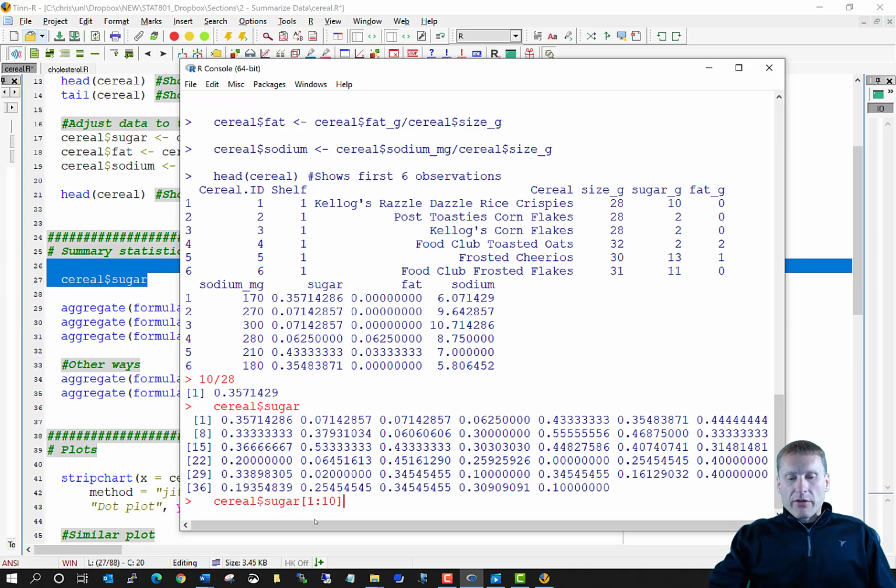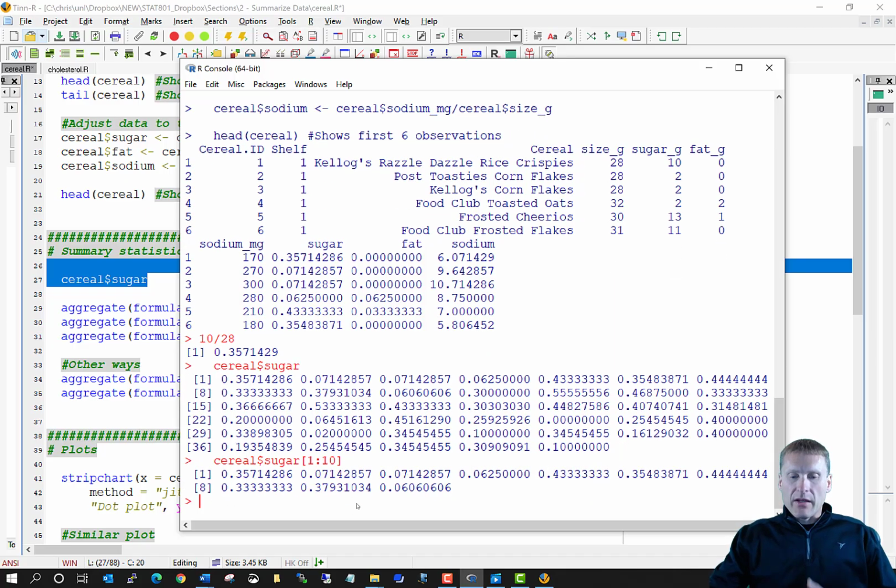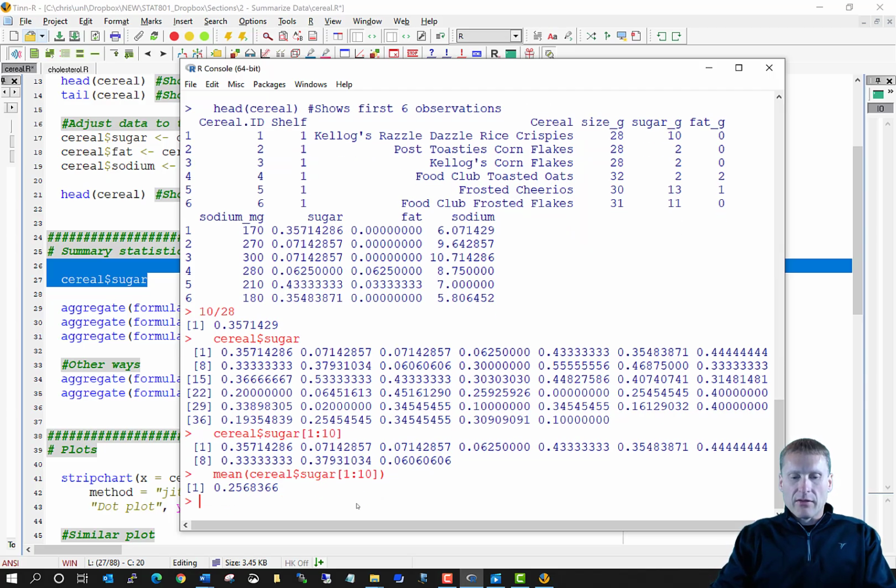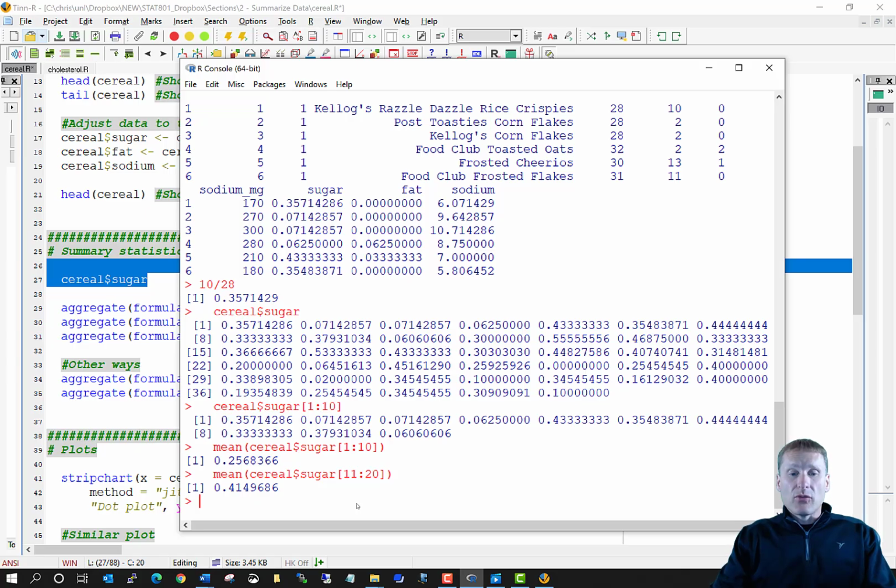Again, as a reminder, the colon in R represents the word 'to', so 1 to 10 will give me the first 10 values. Then I can use the mean function with that to see that the mean sugar content is 0.2568. And then I could do that for the next shelf as well. Remember, there's 10 cereals per shelf, that's why I'm going by 10 here. And I get 0.41.